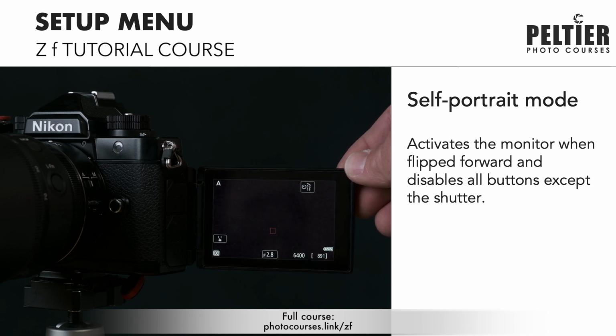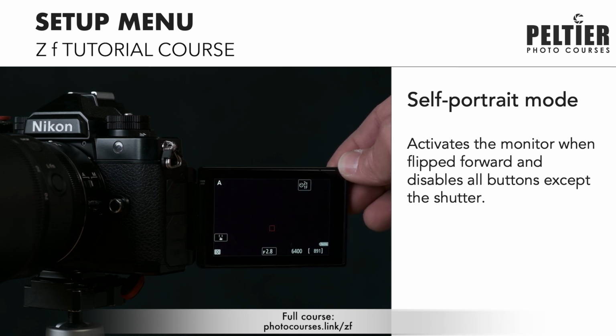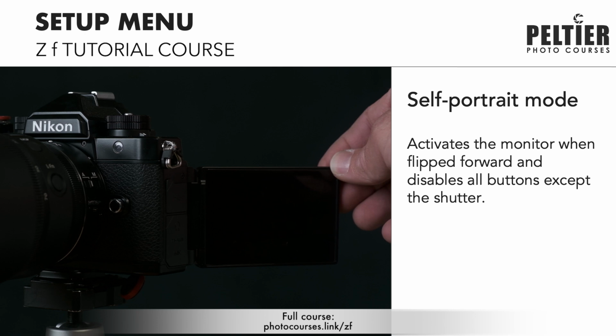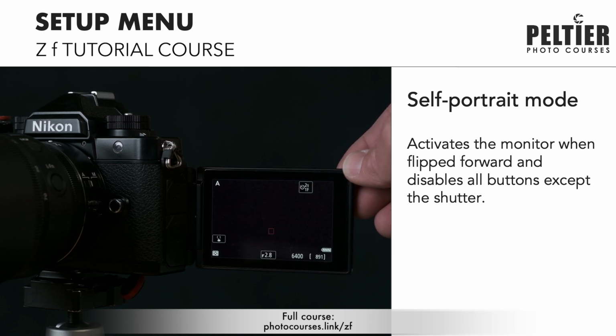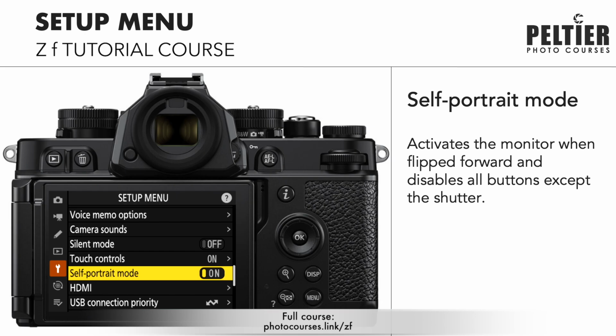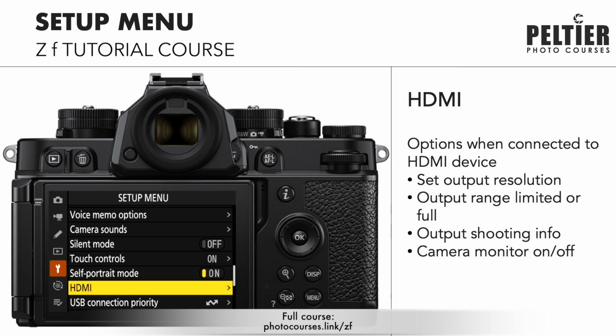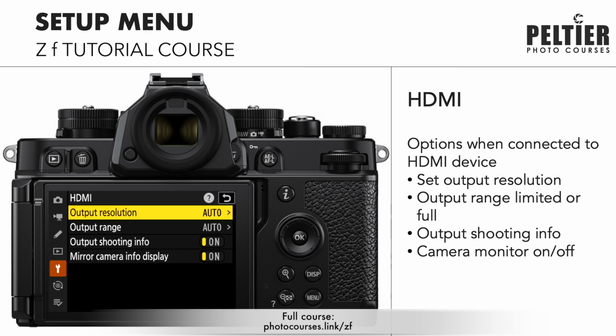It's also going to disable all buttons except for the shutter button so that you don't accidentally hit something while you're holding the camera in that awkward self-portrait position. And there's no harm in keeping this enabled even if you don't do self-portraits. But if you don't want the camera to do any of that when you flip the screen forward, you can turn this off.